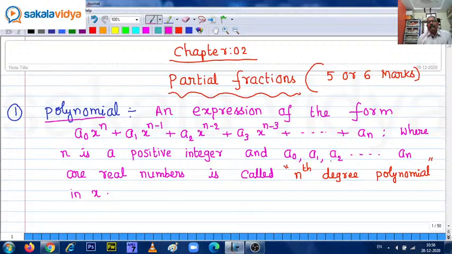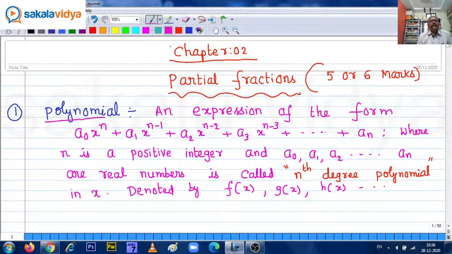The a0, a1, a2, an are the coefficients or real numbers, is called an nth degree polynomial. Its degree is n. It is generally denoted by f of x, g of x, h of x, and so on.